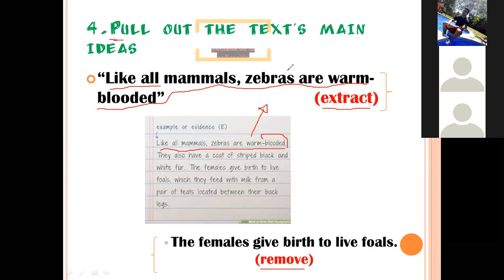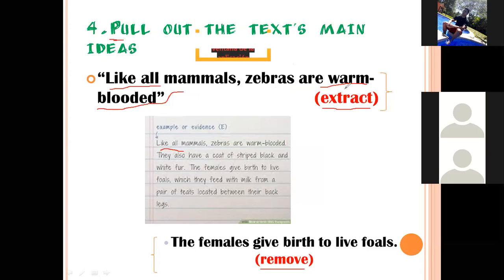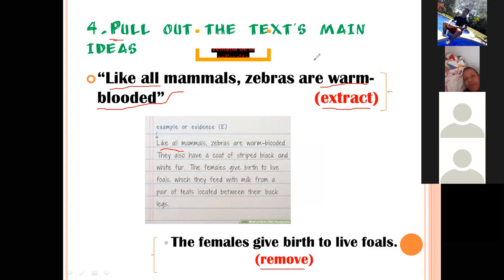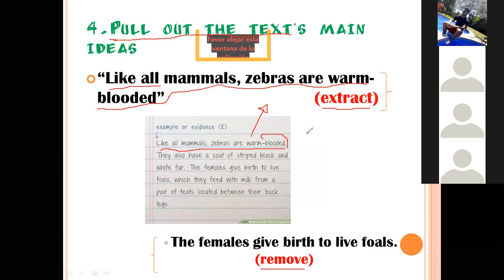Who else finished? Let's see. Okay, Rebecca, thank you. Daniel finished as well. Okay, we have time as well. Let me erase this. They are not necessary.